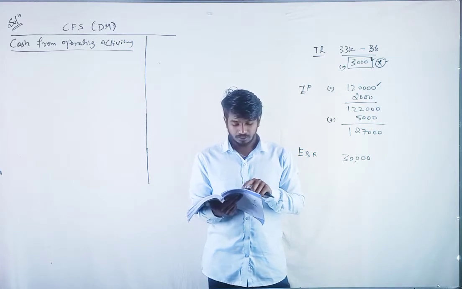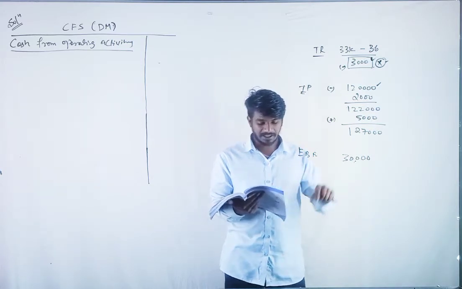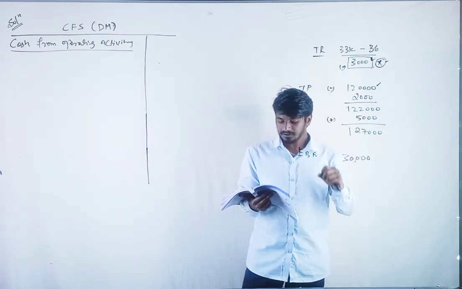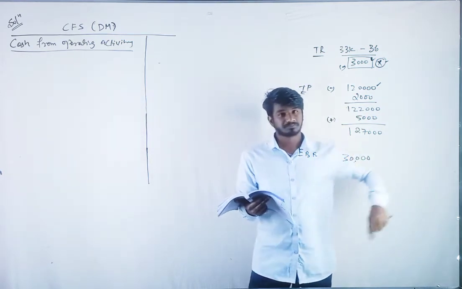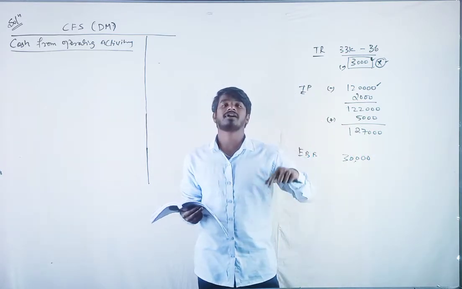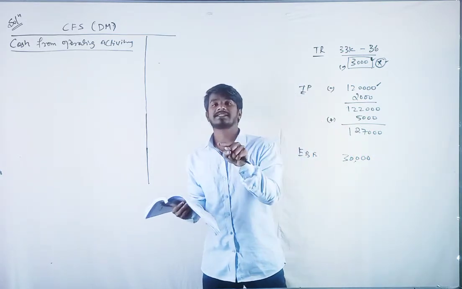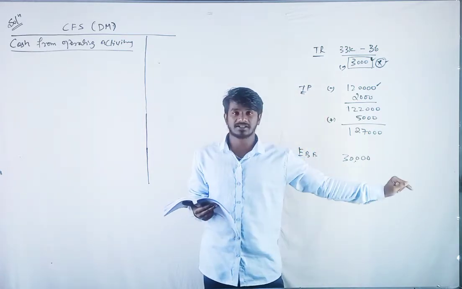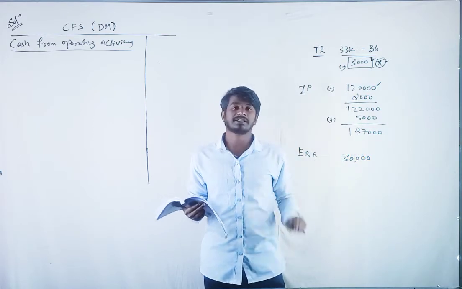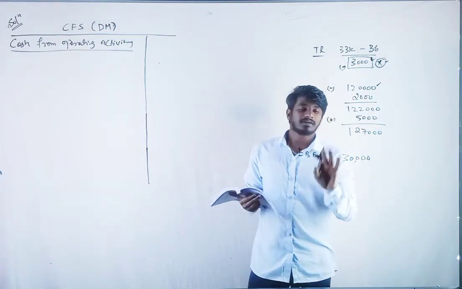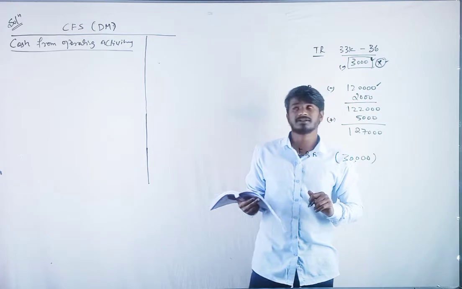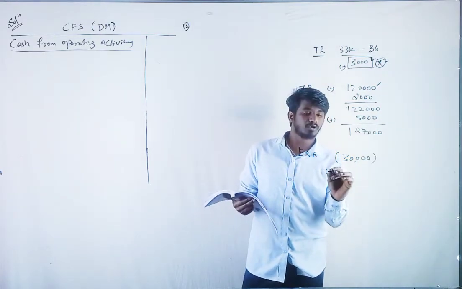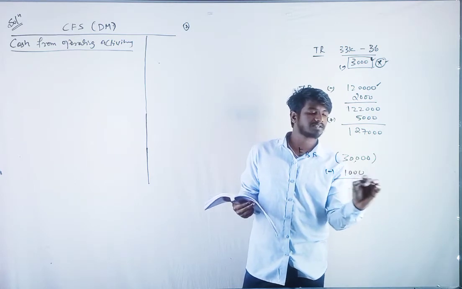Earlier it was 2,000, and in 2017 it became 3,000. 1,000 rupees increased, right? That 1,000 is still in our account, so in this expense, instead of adding there, we will minus from the amount we have paid. Both are same, right?